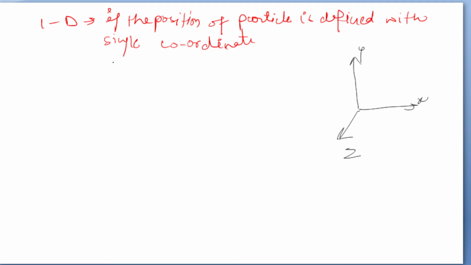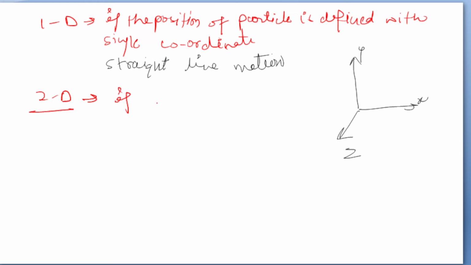For example, the straight line motion. And 2D is if we need two coordinates to define the position of a particle.